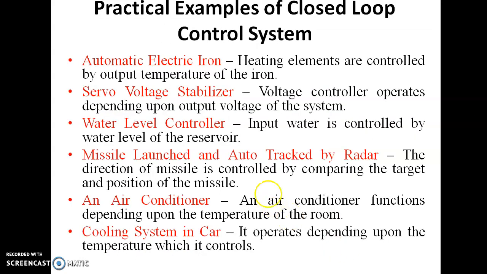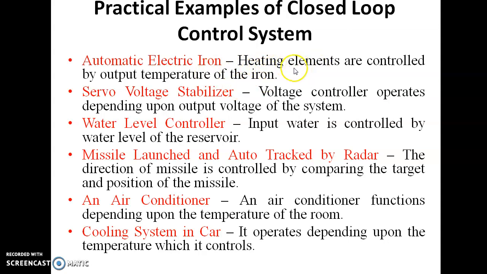So these are some practical examples of closed loop control systems. First is an automatic electric ironer. Here the heating element is controlled by the output temperature of the ironer. The electric ironer can be used for soft cloth or hard cloth, so depending upon that we need to adjust the temperature with the rotating knob.